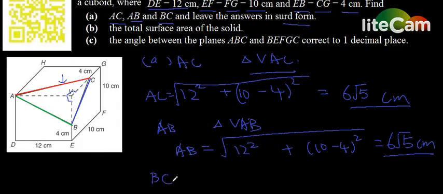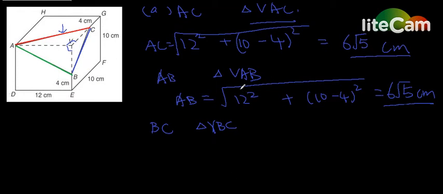And lastly, we calculate BC. For BC, we focus on the triangle VBC. As you can see, in the VBC, also it is perpendicular to each other. We also use the Pythagoras theorem to calculate the answer of BC. So firstly, we take the square root.